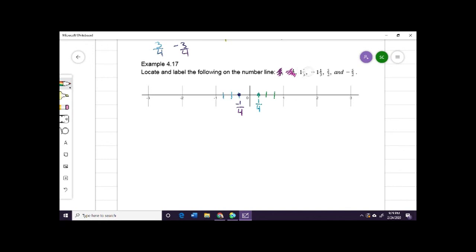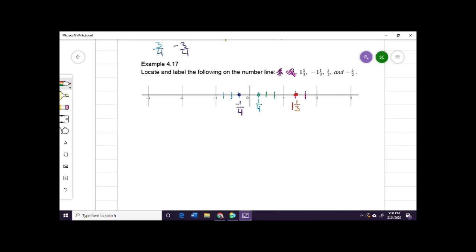Let's do 1 1/3 and negative 1 1/3. So positive 1 1/3, I'm going to start at the 0, go positive 1, and then I need one more third. So I need to divide the space between 1 and 2 into 3 sections. Okay, so positive 1 and 1/3.